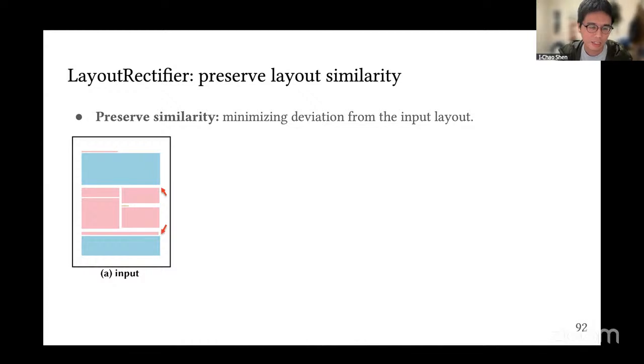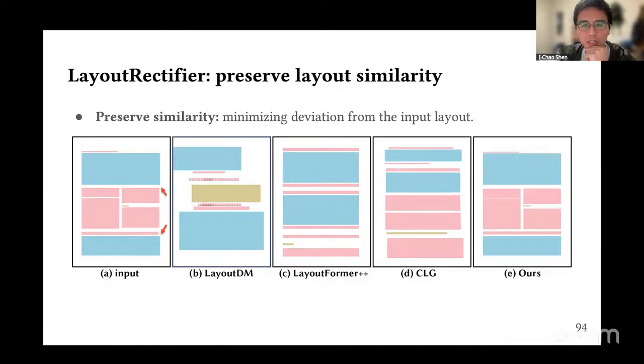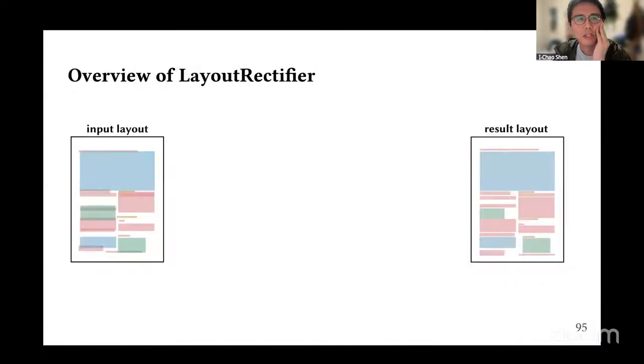In this case, the layout only contains two very minor misalignments. Some previous work will destroy all the structure but also not really remove the flaws. In our case, we remove these two small flaws but also preserve the structure pretty well.